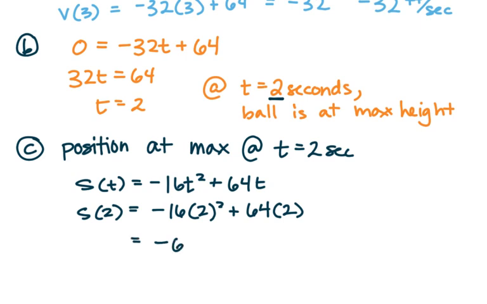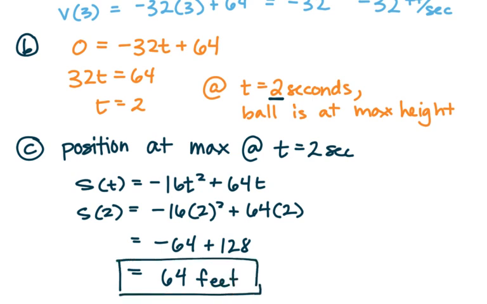That is negative 64 plus 128, or 64. 64 what? Well, we are dealing with position, and in this problem, position is measured by feet. So it reaches a max of 64 feet high at t equals 2 seconds.